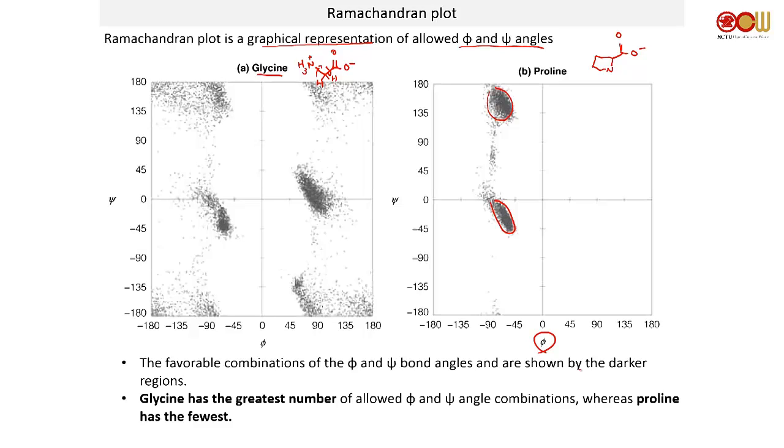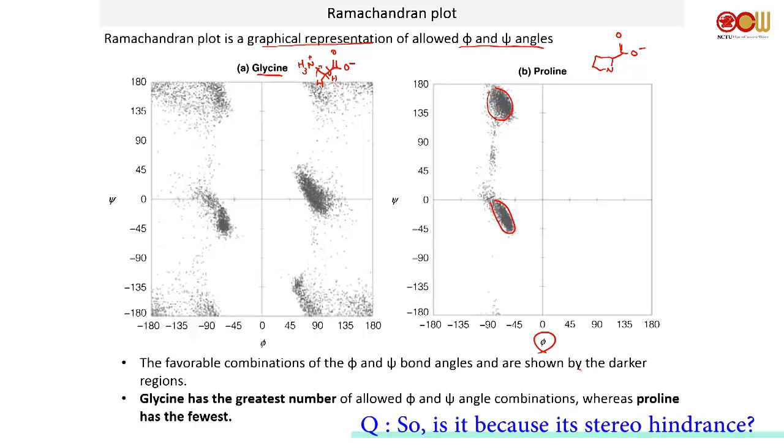You can't have that for proline. You can only have it in the negative. Yeah? So is it because of spherical elements? Yes, but I want to say it's more related to the fact that your nitrogen cannot rotate in this case because it's linked together. But in general, that is true.